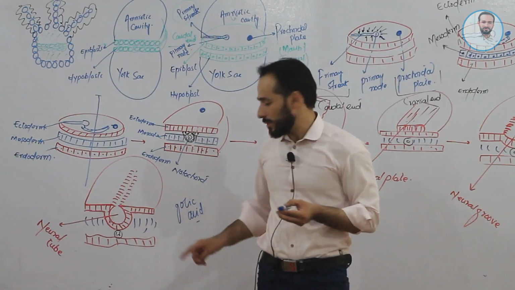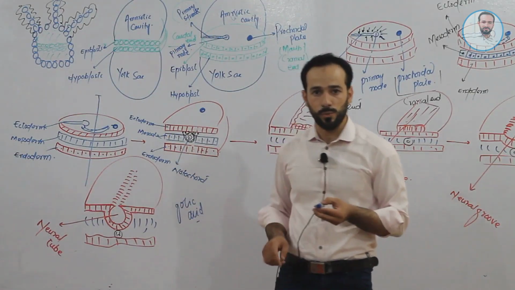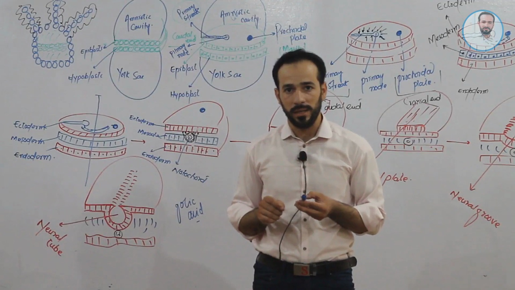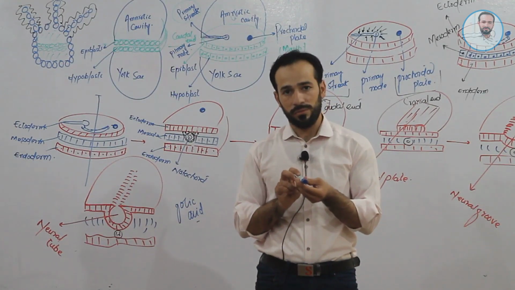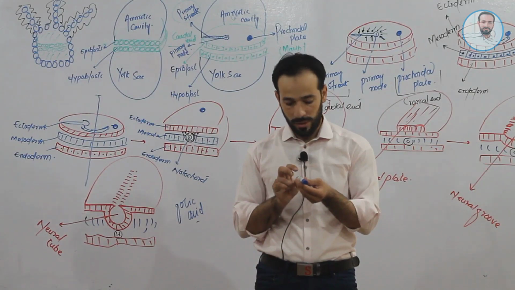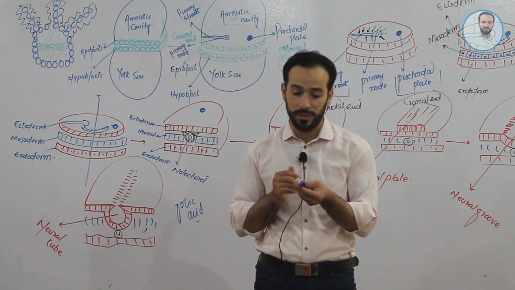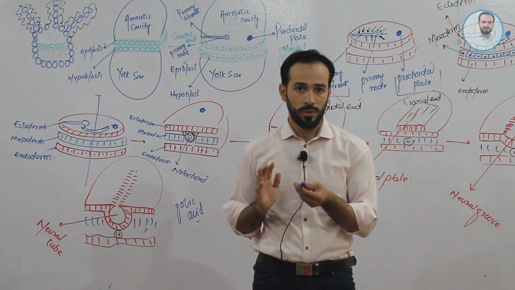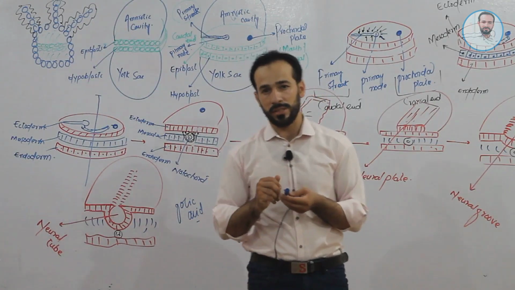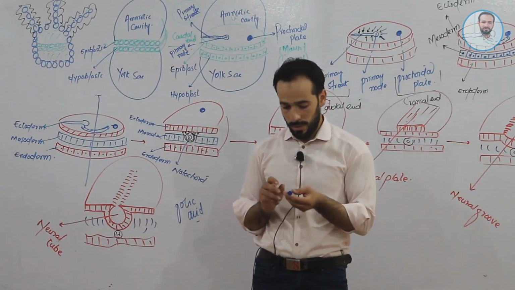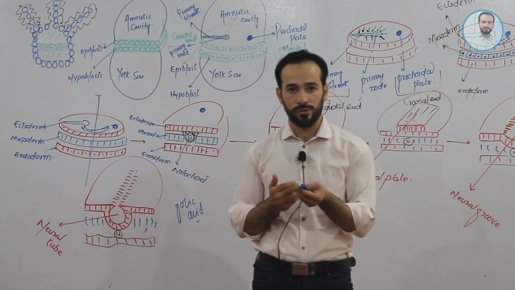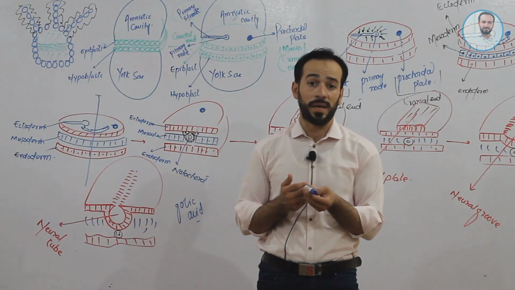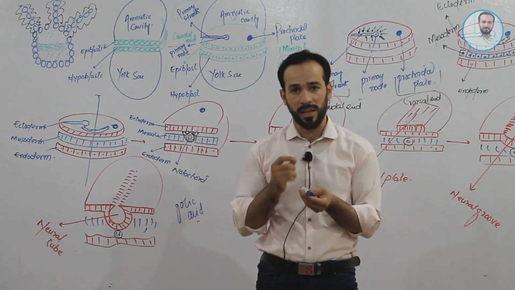If there is a deficiency of folic acid in such a woman, there will not be closing of the anterior or posterior neuropore, and some important conditions will develop. If the posterior neuropore doesn't close, there will be spina bifida, a very dangerous disease.